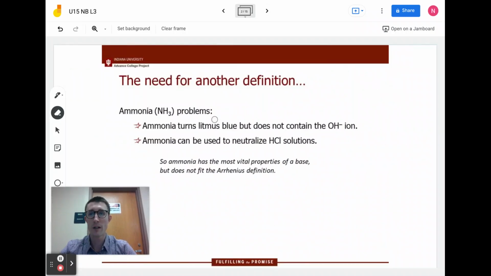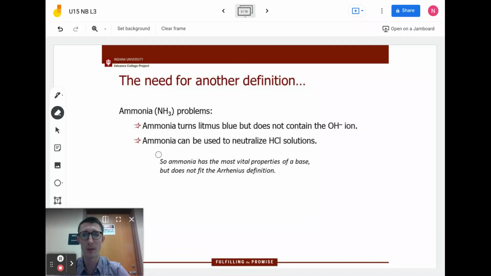Okay, yesterday we highlighted that ammonia brings up a problem for us when we're just looking at the Arrhenius definition of an acid or a base, because according to this definition, we are looking for something that produces hydroxide, as well as turns litmus blue. Ammonia turned litmus blue, but it does not contain a hydroxide ion.